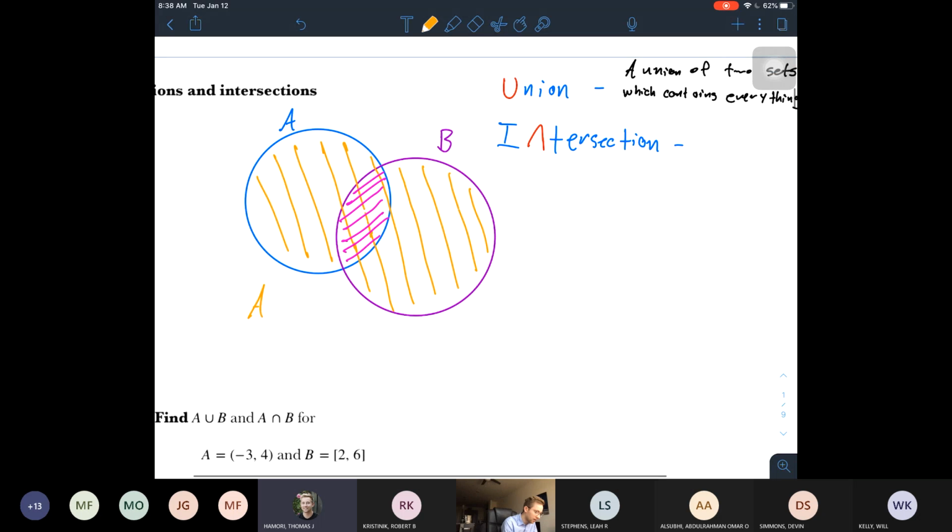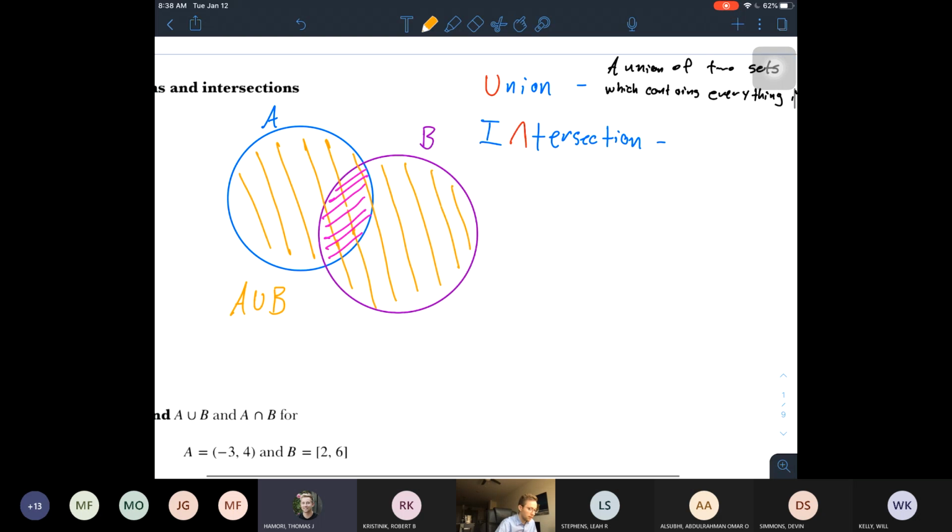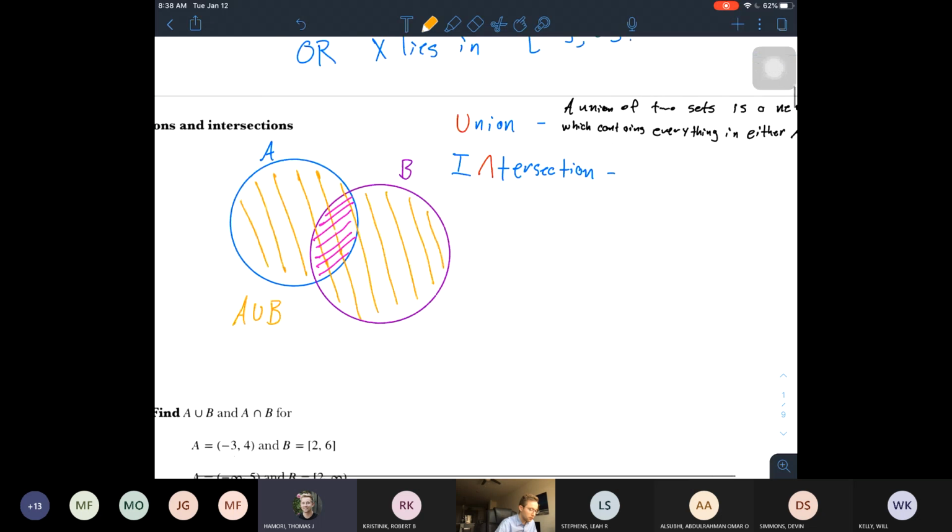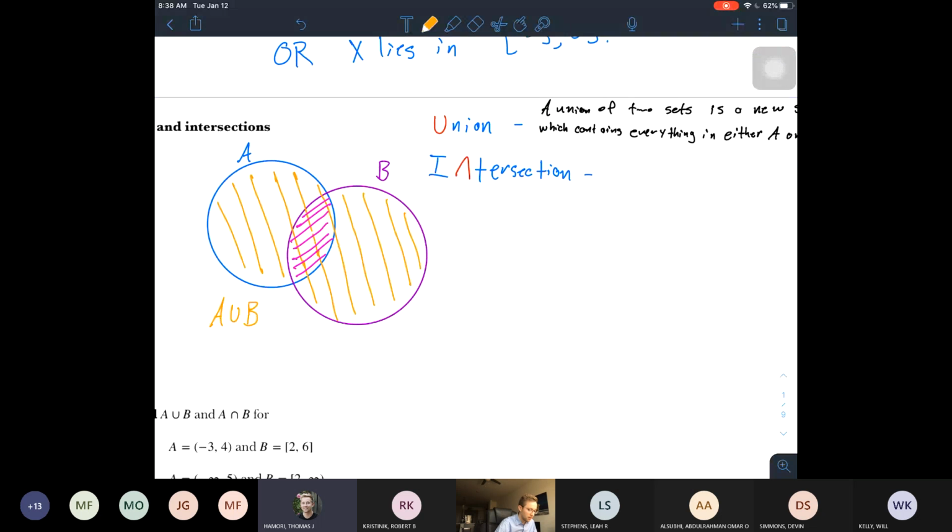So A union B, that's how we write it. What we mean when we say A union B is we're referring to a new set, which is, if we were to draw this set to the side, it would look something like this. That's A union B.